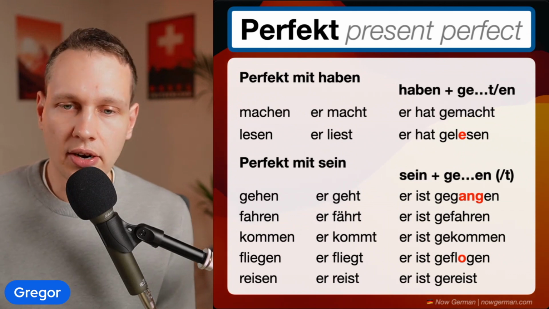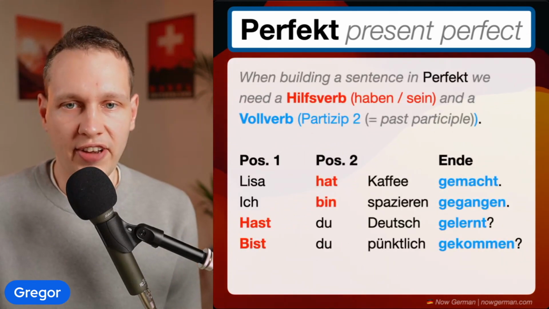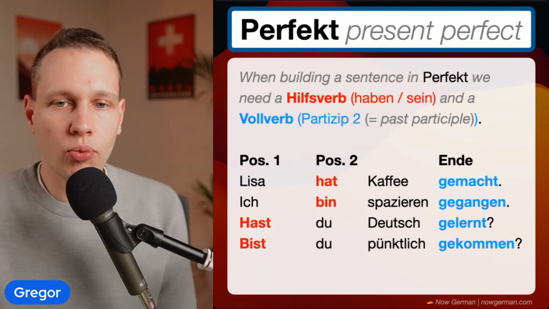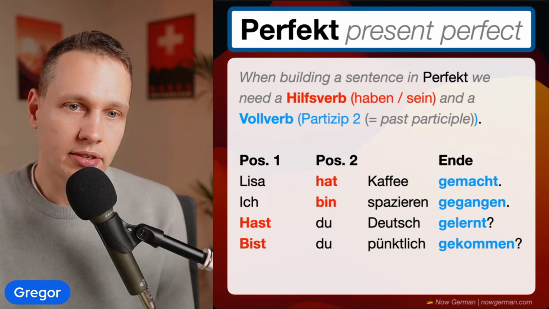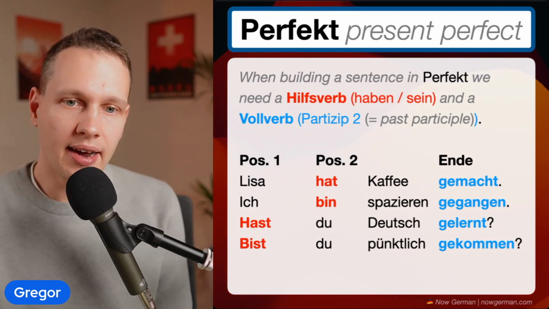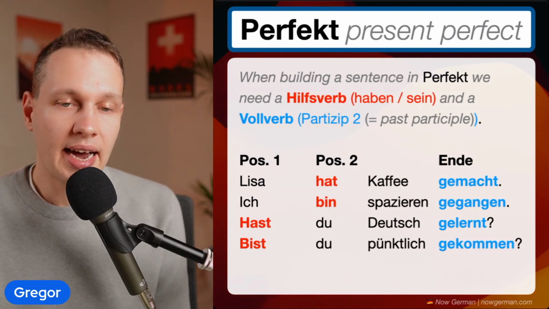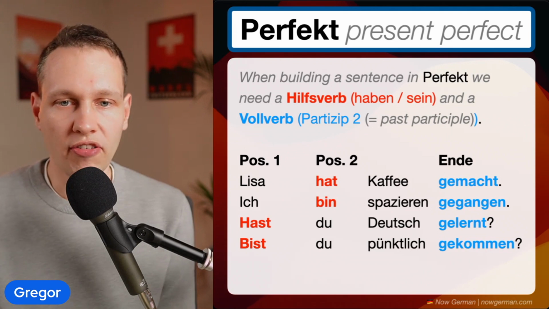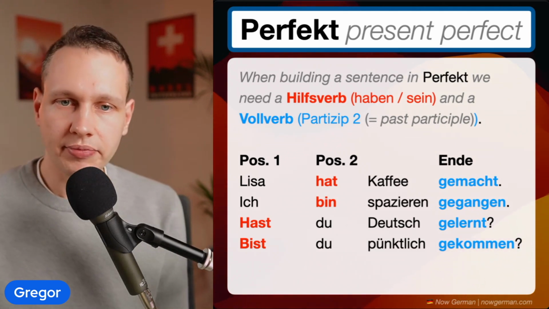All right. And so these are the most important rules that you need to know to build the perfect. Let's briefly talk about how we now build sentences, because that's a bit different from English. So let's look at the first example sentence here. Lisa hat Kaffee gemacht. Lisa has made coffee. Or more natural, you could say Lisa made coffee.